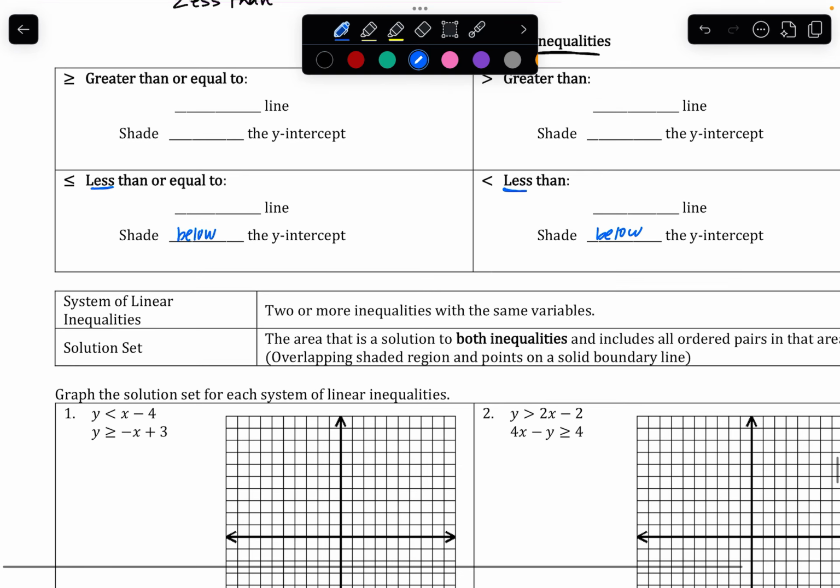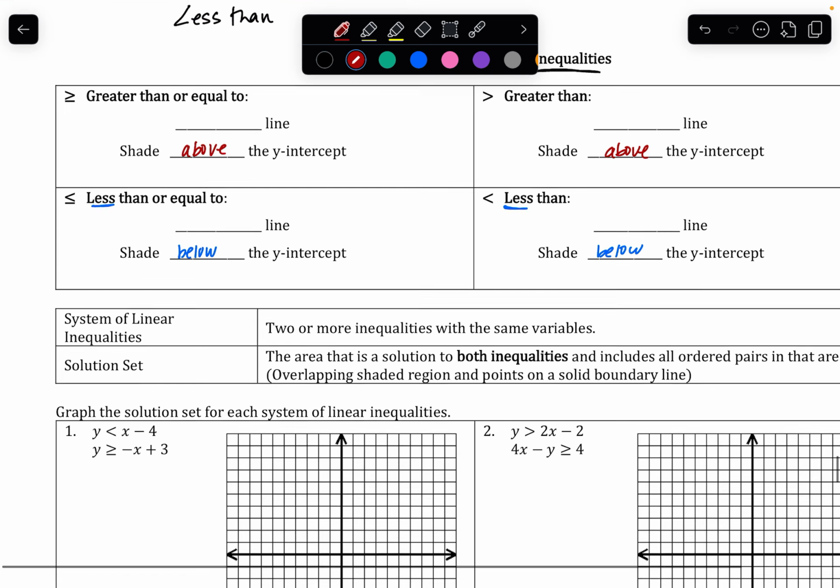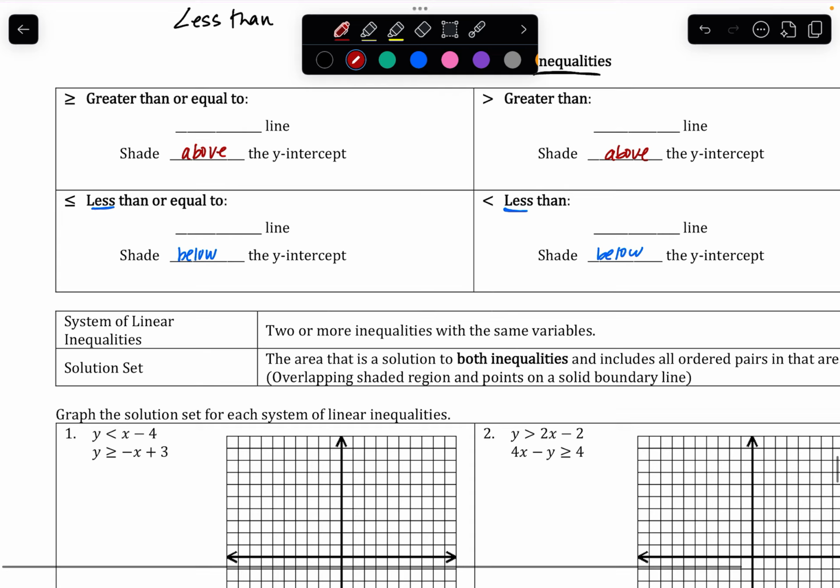Okay, and so if you have your greater than sign, you are going to shade above the y-intercept, above every point on your line. Okay, if you have the equal to option, whether it's greater than or less than, you are going to have a solid line.